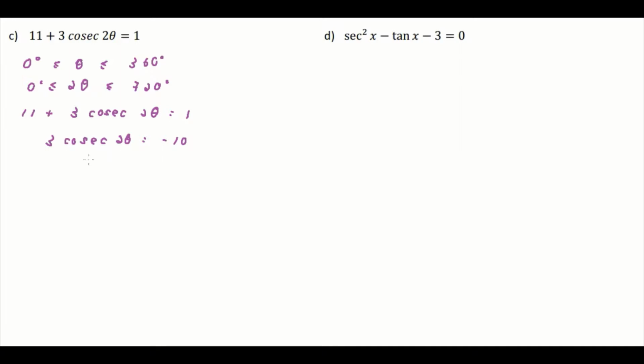So cosecant is 1 over sine, right? Then you have negative 10 over 3. So since we want to solve for sine, we need to change it opposite also. So that's why negative 3 over 10. Okay, so the next step, you can just use your calculator to continue it.